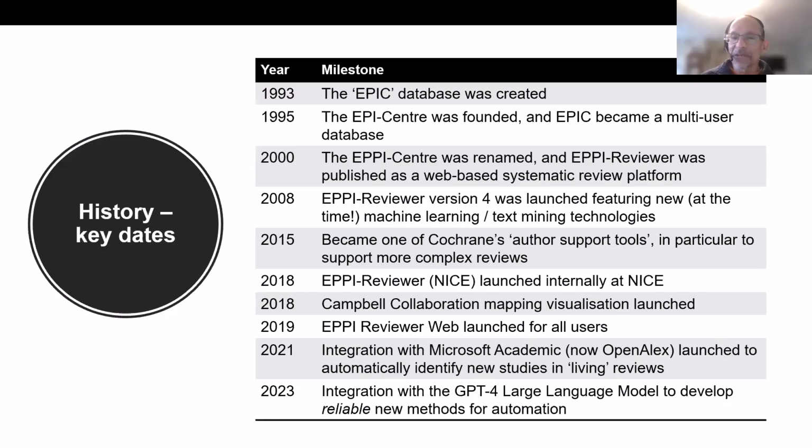That actually became an official Cochrane auto support tool. There's various other iterations of the tool as well. So NICE, National Institute for Clinical Healthcare and Excellence, use it. And we're currently now on version 6. We work with Campbell to create additional visualization and mapping tools for the outputs from EPPI Reviewer.